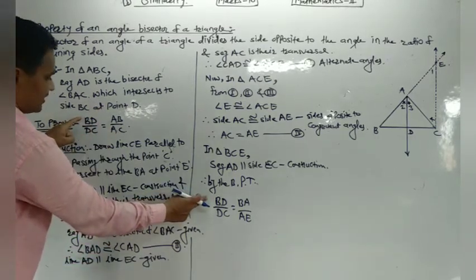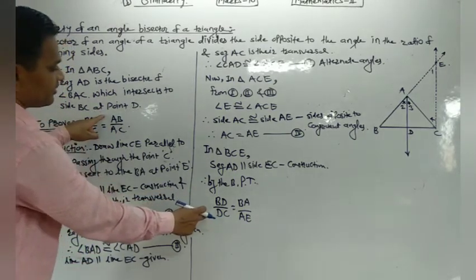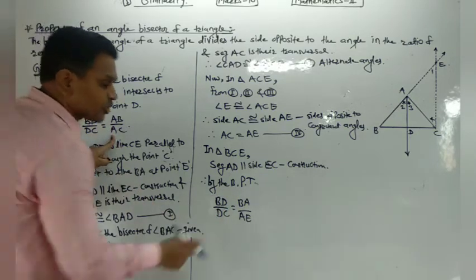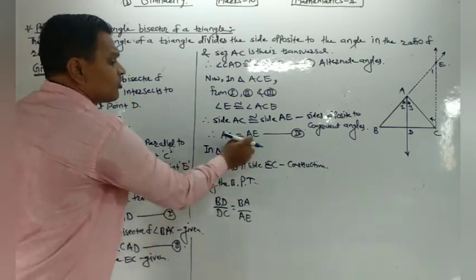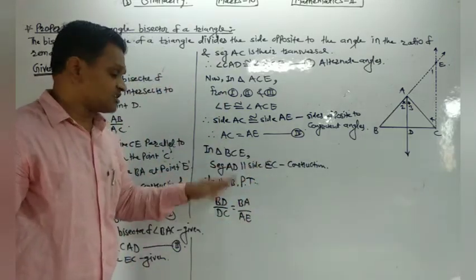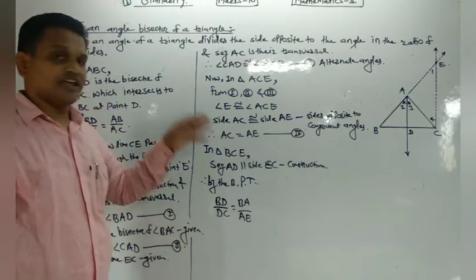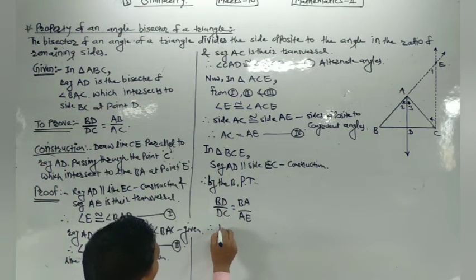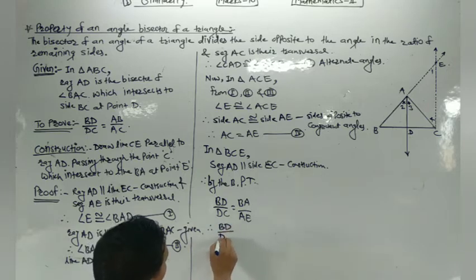BD, yes, there is BD. DC, yes, there is DC. AB, yes, there is AB. We want to write here AC instead of AE. We have shown here AE equal to AC. From 4 we say that AE equal to AC, means instead of AE we can write here AC. We can change this statement. Therefore, BD by DC equal to BA by AC.